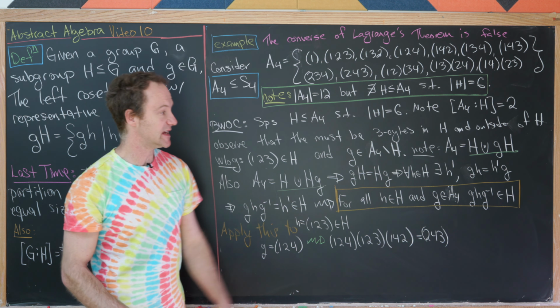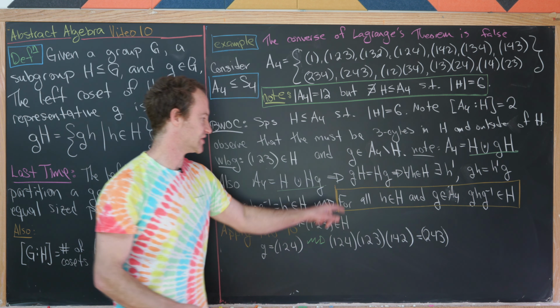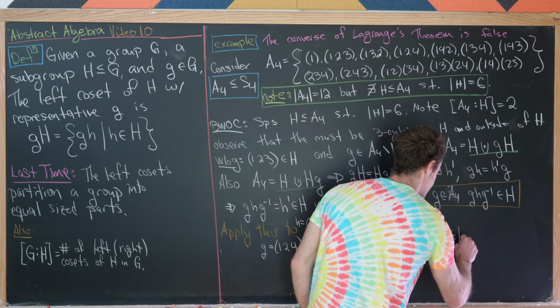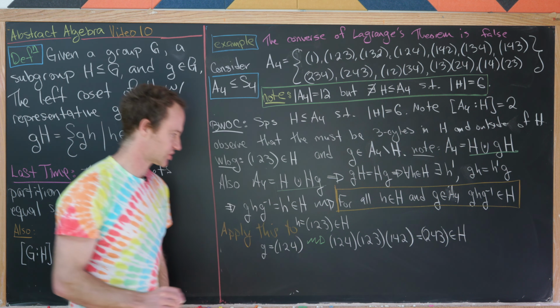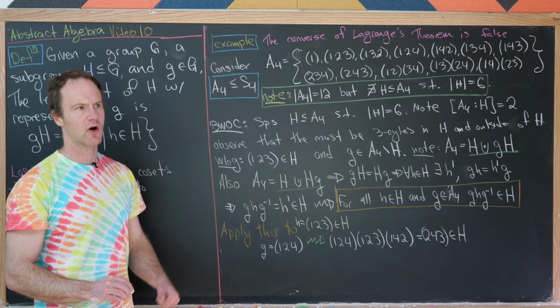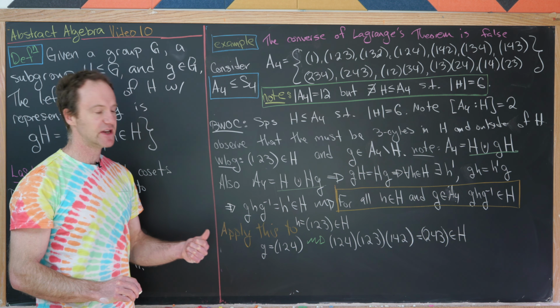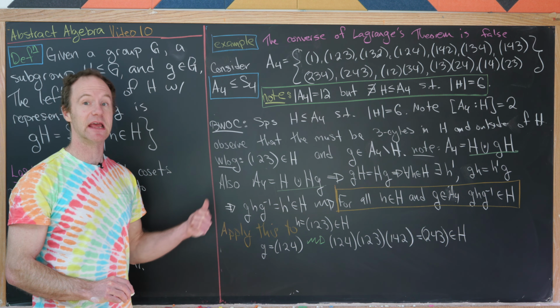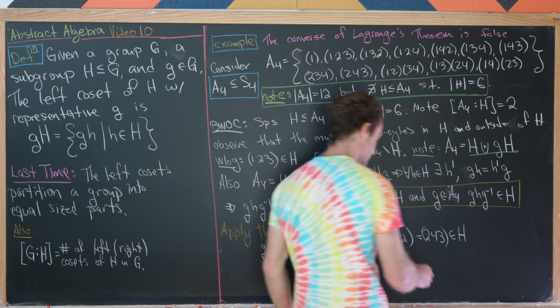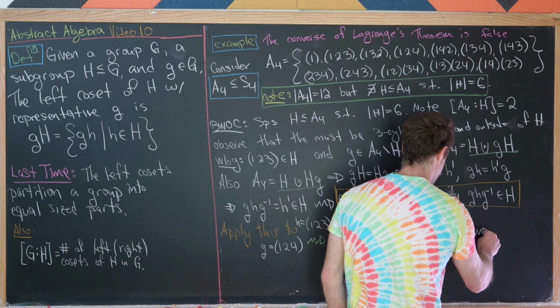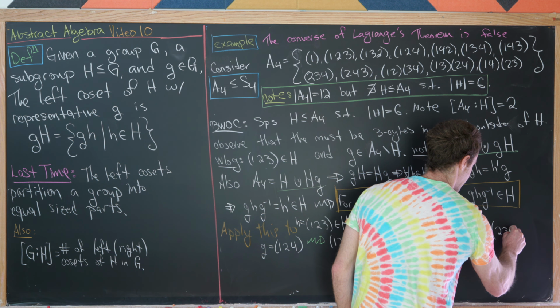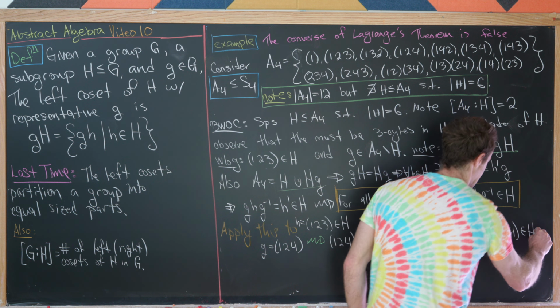But we're guaranteed that (2 4 3) is in H by this orange box. So we know that this is in H. Okay, but then also H is closed under taking inverses because it's a subgroup. So immediately that implies that (2 3 4) is also in H.